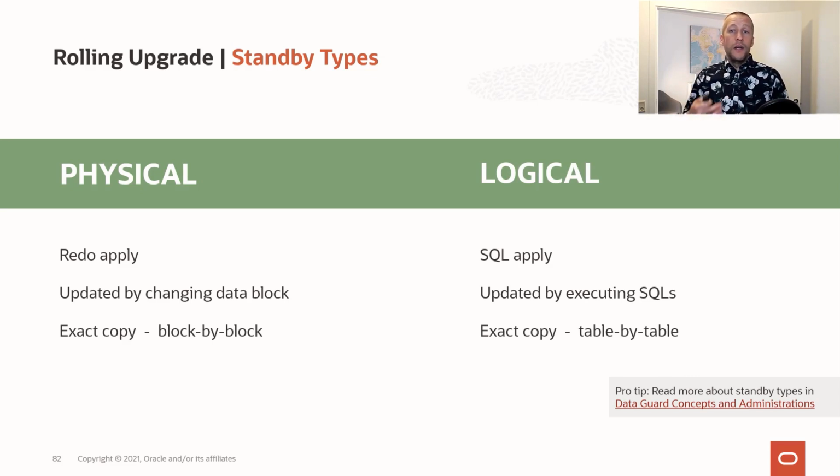So instead of synchronizing the individual data blocks, we are re-executing the same statements from the primary database, but now on the standby database. So it's still an exact copy, but only when you look at it from a data perspective. A logical standby can run on a different version. The table structure can be changed, or you can, for instance, use partitioning in a logical standby, but the data will still be the same.